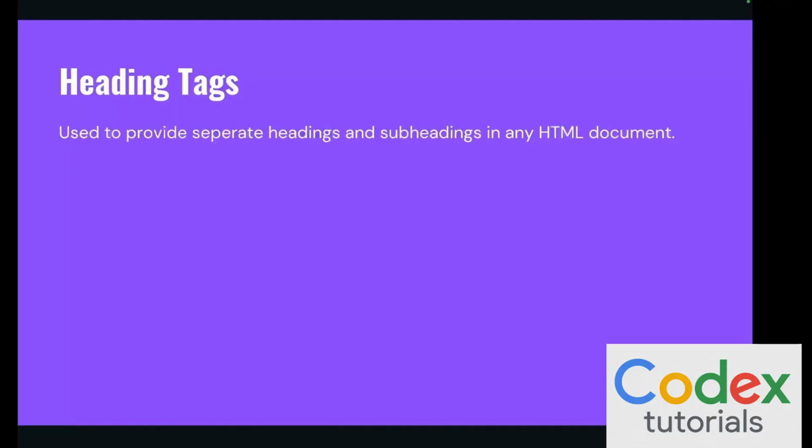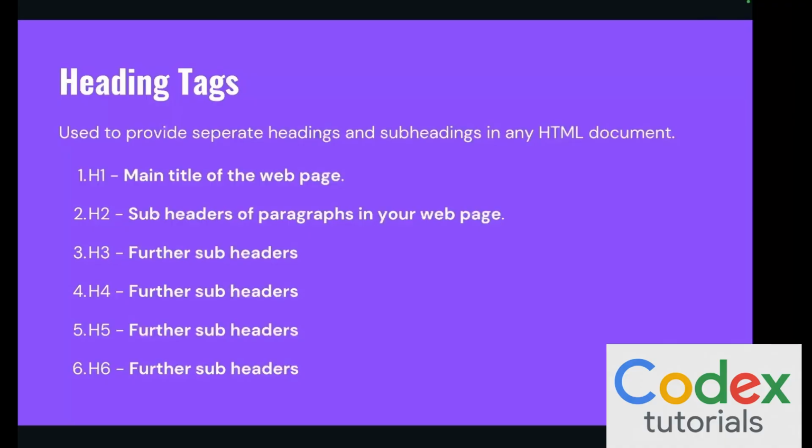Now, HTML provides us with 6 heading tags altogether, and each of these HTML tags visually differs a lot from the others, and each has a function of its own. To summarize what these heading tags do, the H1 tag is the main title of the web page. That is the main center focus of the entire web page, what that web document is all about. H2, you can use to create different subheadings.